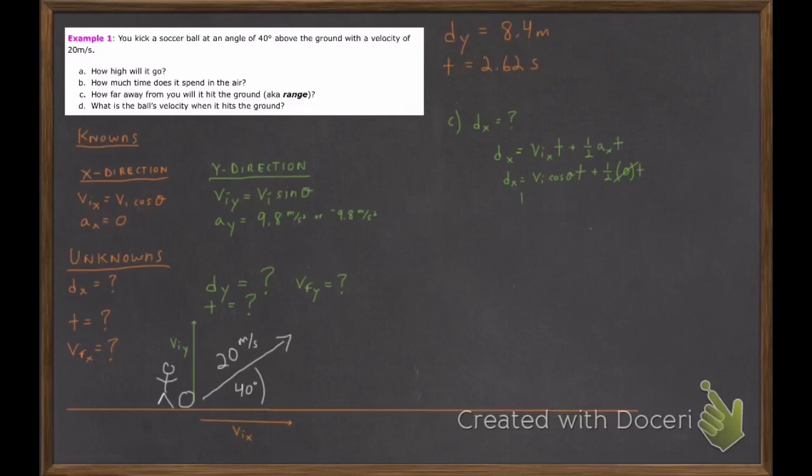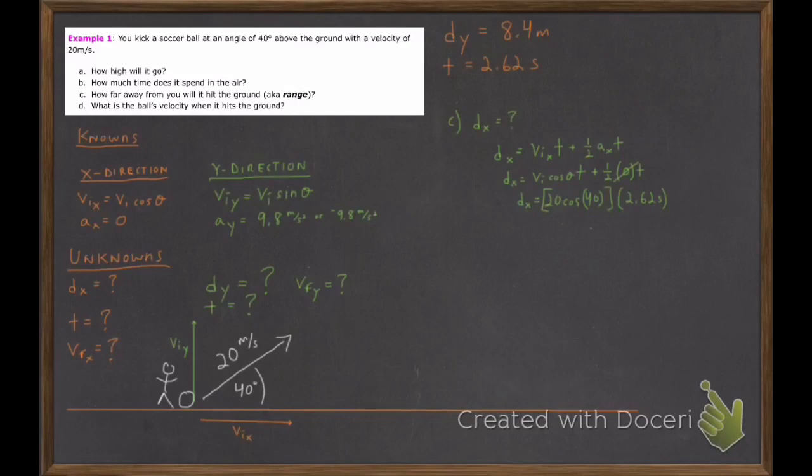And we are left with the range, or the displacement x, equal to 20 cosine 40 degrees, and the time is 2.62 seconds.